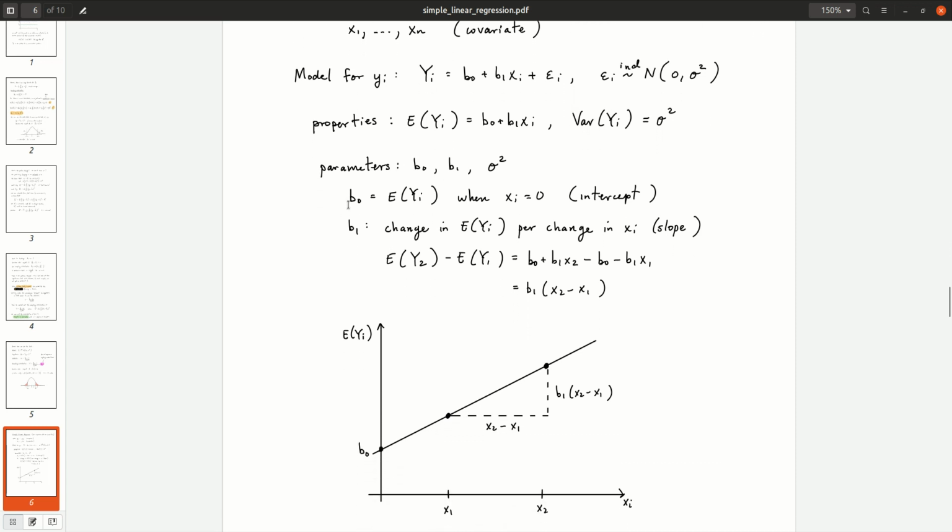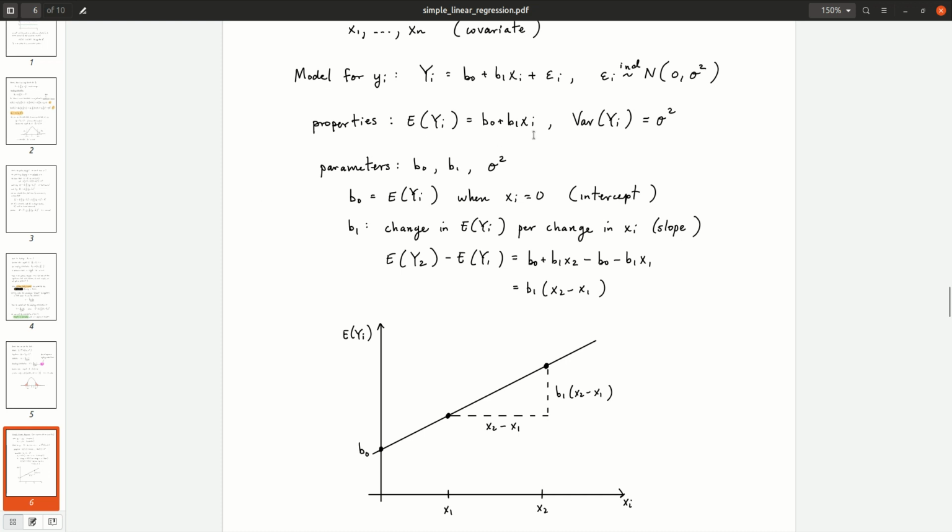And how do we interpret these things? One of the strategies we're going to use to generate interpretations for regression coefficients, in this case b0 and b1, is plugging in specific values for the covariates to try to isolate the coefficient and then come up with an interpretation for it. So if we look at this formula for the expected value of yi, it's b0 plus b1 xi.